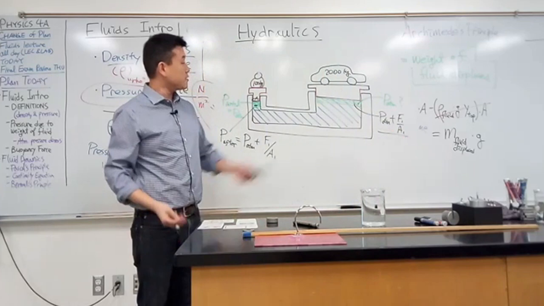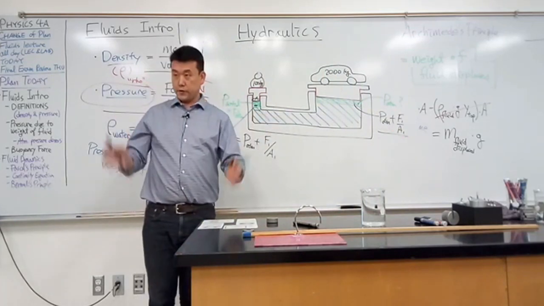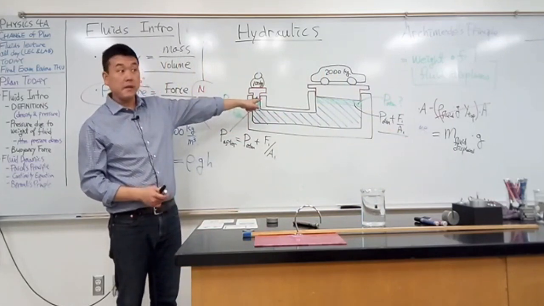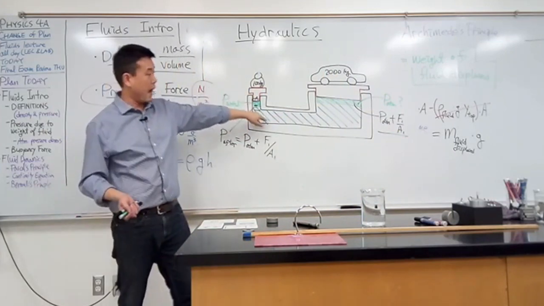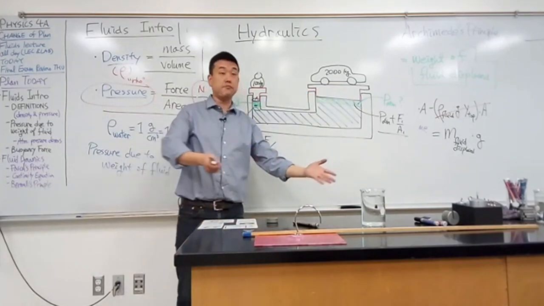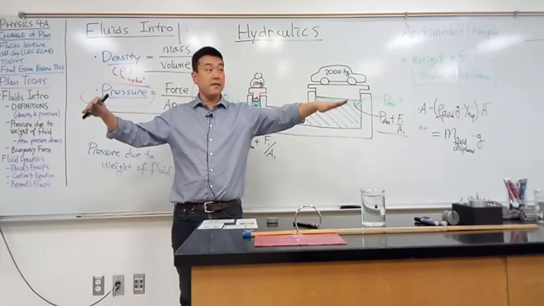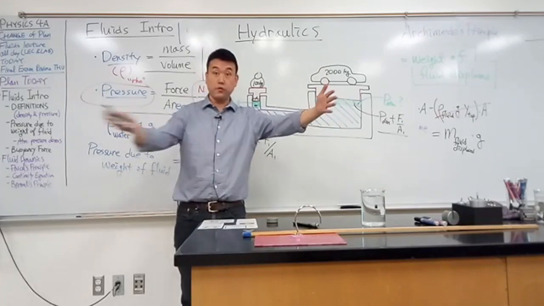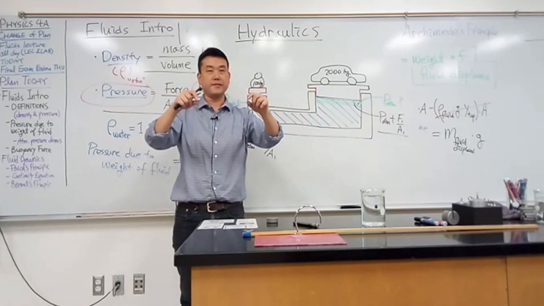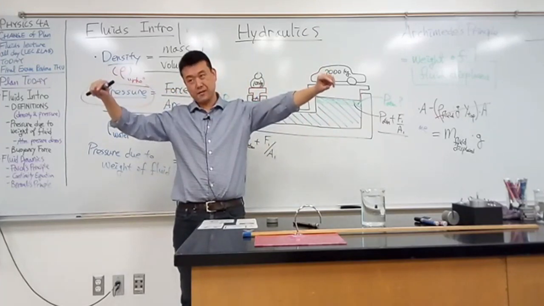This is what's known as Pascal's principle, that in a static fluid, any change in pressure in one part of the liquid gets transmitted throughout the liquid. It's because liquid can flow. If there's a pressure difference from one end to the other at the same height, then that pressure difference will cause the fluid to flow until the pressure equilibrates, becoming equal throughout at the same height.